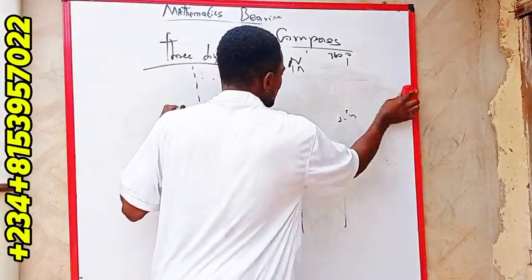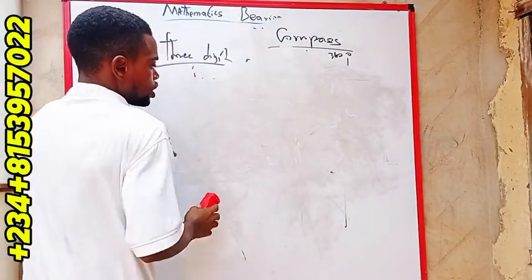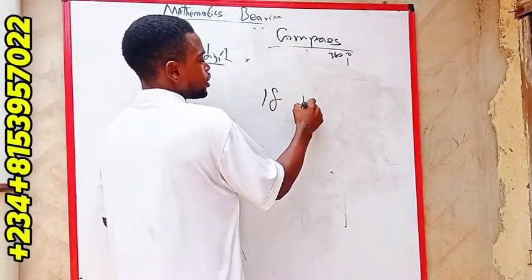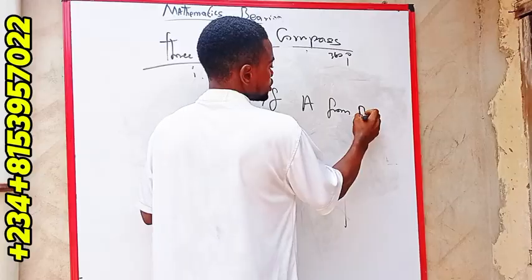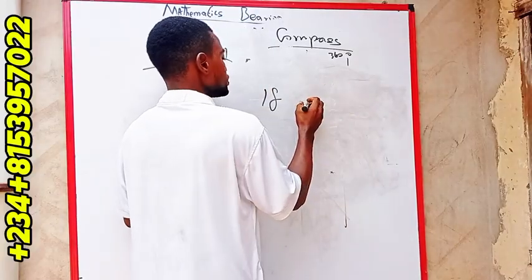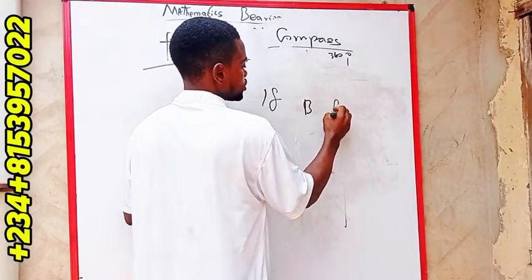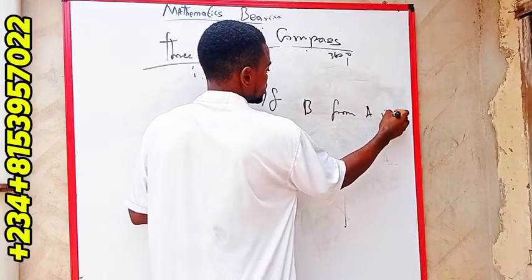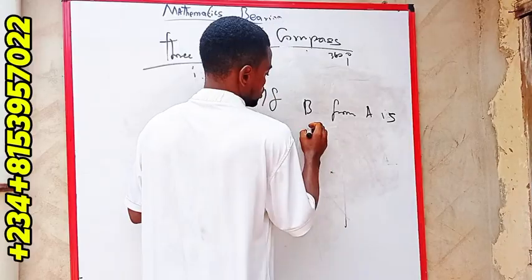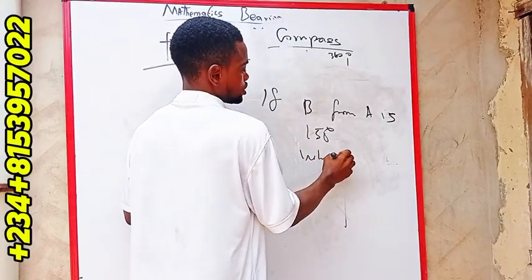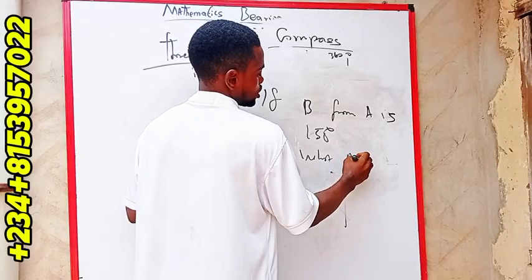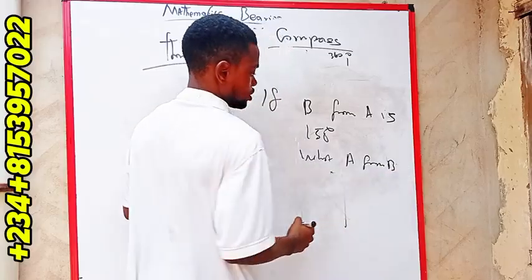Now, I want to give you another question. If the bearing of B from A is 150, what is A from B?